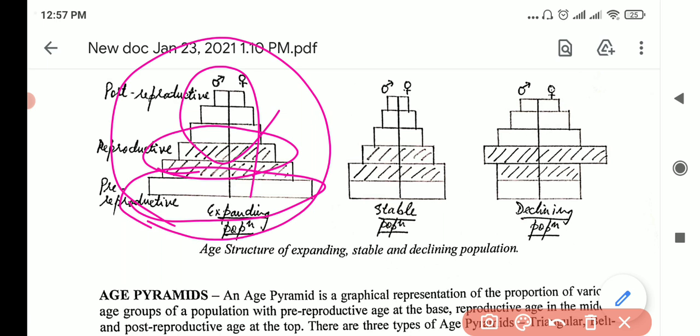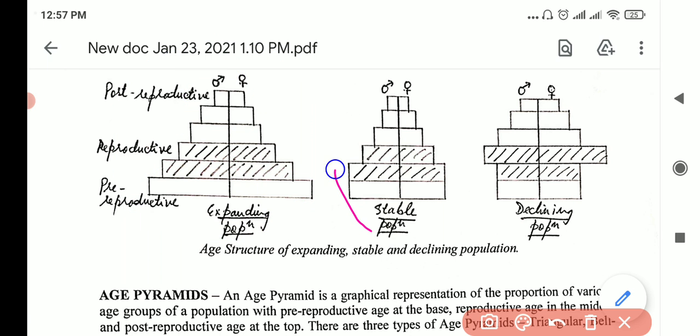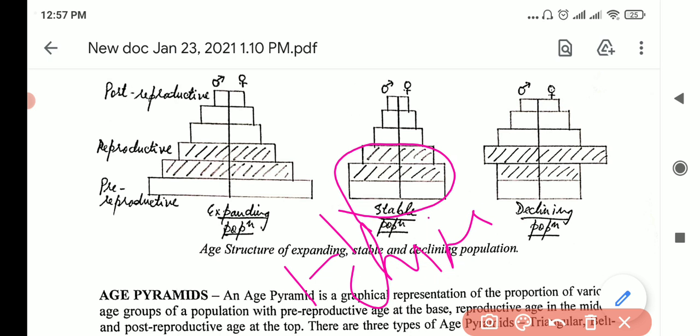Then stable is when the young people, the new generation, are almost the same in number as their parents. Like this one is approaching China: one child, one parent. Here in India, maybe one parent and two children.